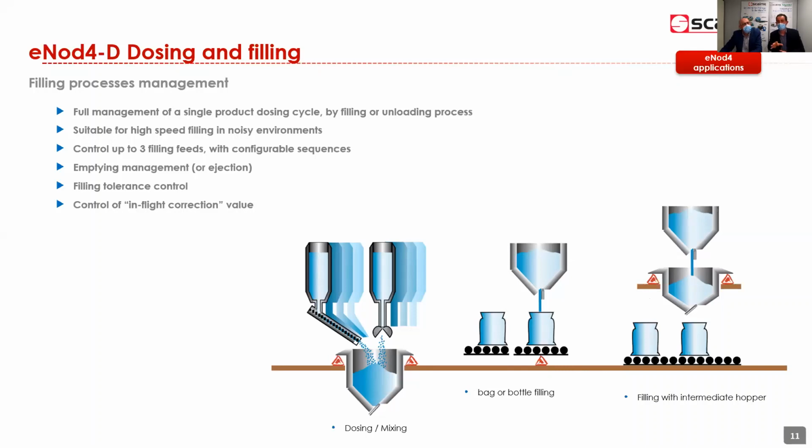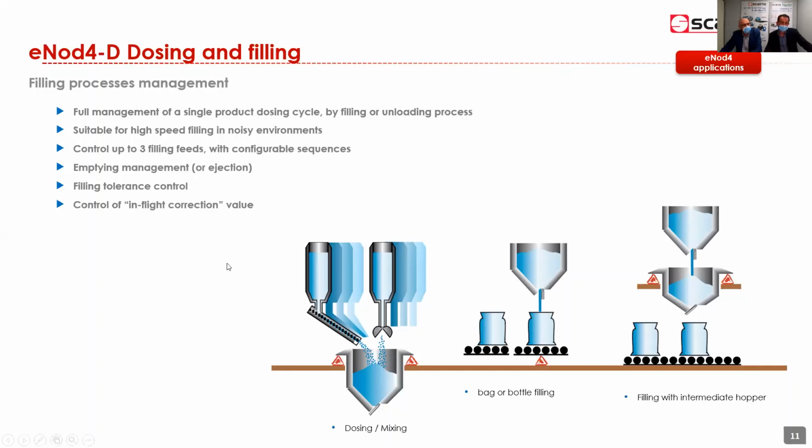Just one important point, our controllers are designed to control filling or dosing processes for a powder, for material, but also for liquids. There is absolutely no difference, and the two are fully possible with our weighing electronics.